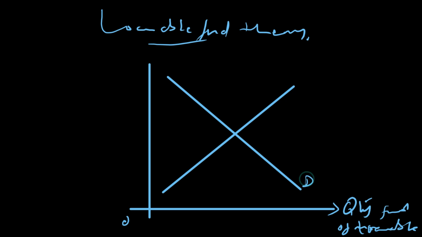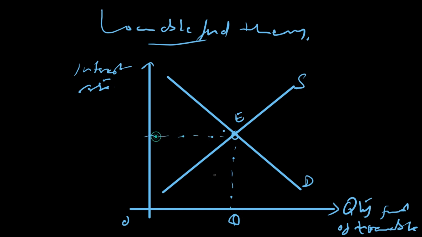And this is demand of loanable fund, and this is supply of loanable fund, and on the y-axis we have interest rate. So loanable fund theory suggests that interest rate is set at the intersection point of demand and supply of loanable funds, where quantity is set at Q and interest rate is set at I.